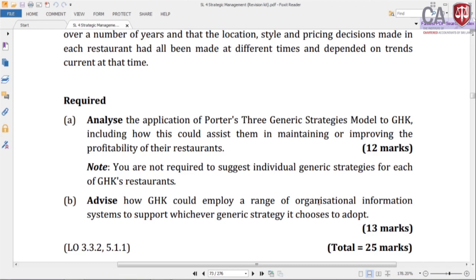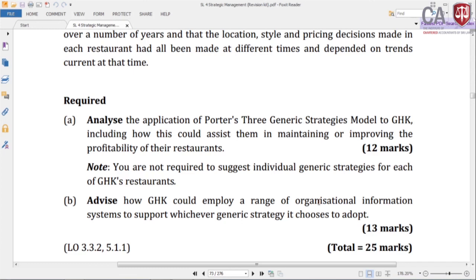Now, what is the requirement here? Analyze the application of Porter's 3 generic strategies. So, this question tests your knowledge on Michael Porter's 3 generic strategies, including how this could assist them in maintaining or improving the probability of their recurrence.